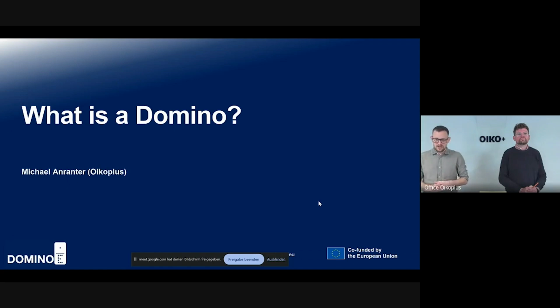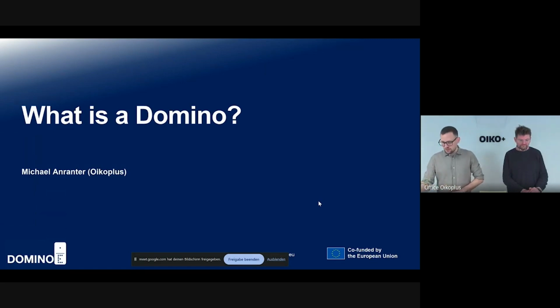What is a domino, and maybe also before that, what is the domino architecture? Before we get into the individual applications and the real-world examples that are developed within Domino-E, I would like to recap a little bit the core ideas behind the Domino architecture.